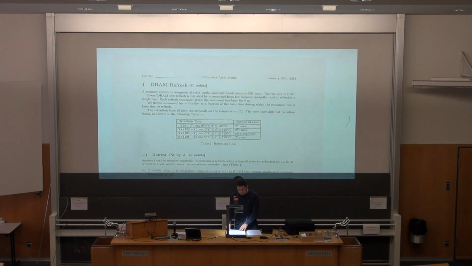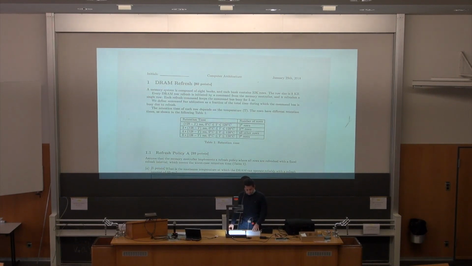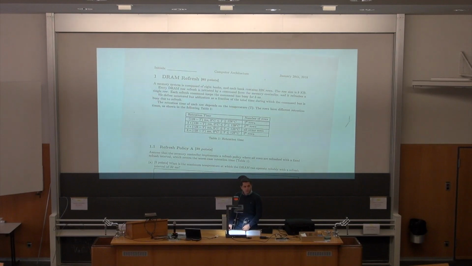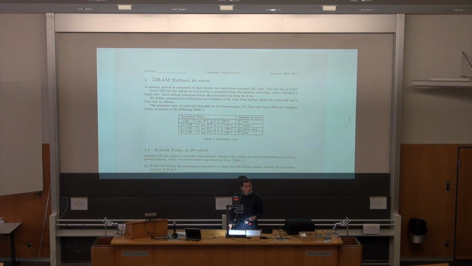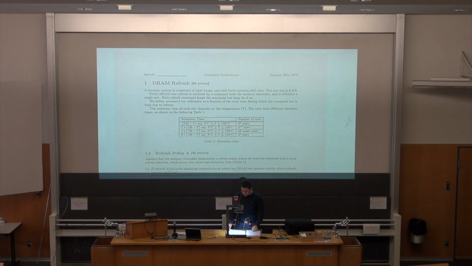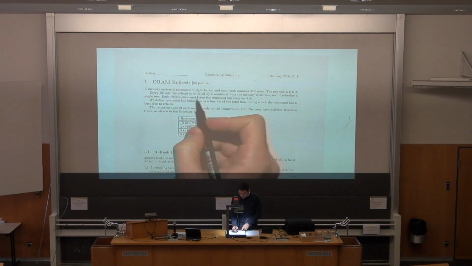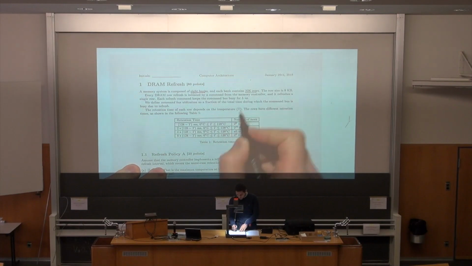This question is one of the questions that appeared in the final exam last year, which is about DRAM refresh. For this question, we are given multiple refresh policies, and based on these refresh policies, we are asked to solve the questions. We have a memory system with 8 banks, and each bank contains 32k rows.